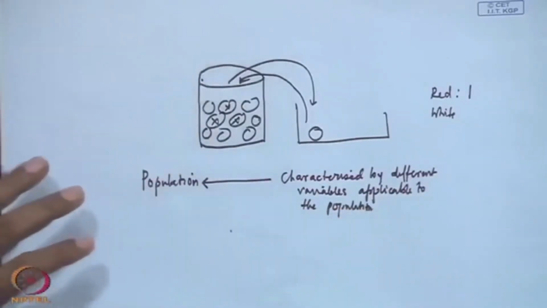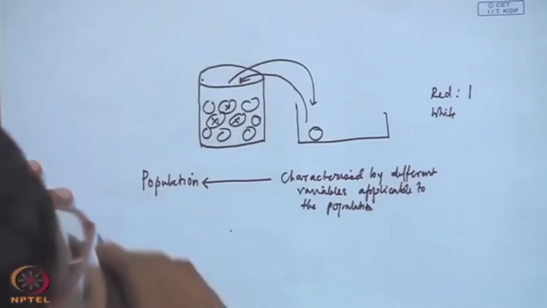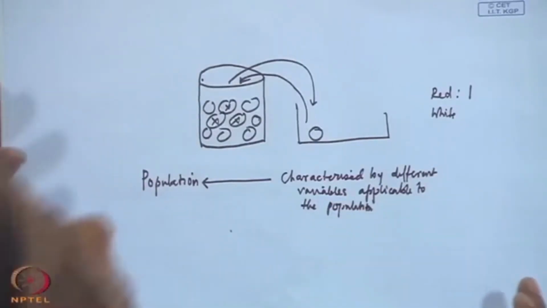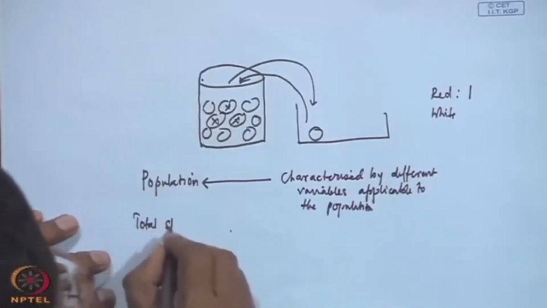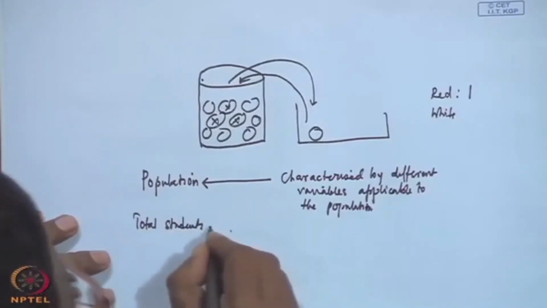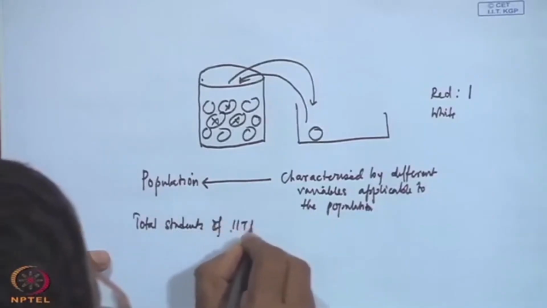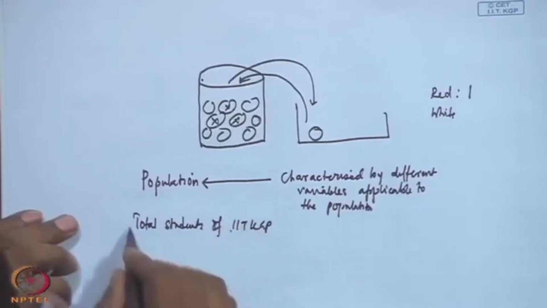For example, if we consider all students of IIT Kharagpur, this is my population.